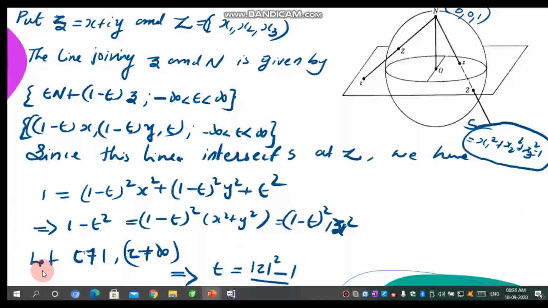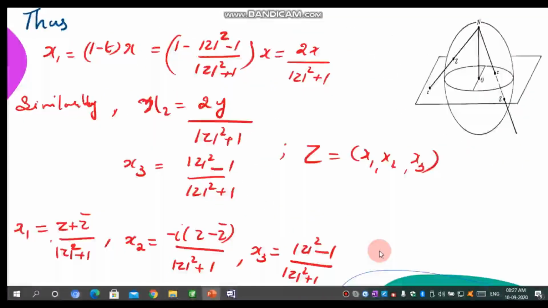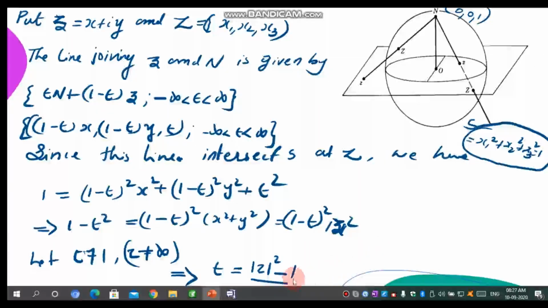Therefore, whenever z is not equal to infinity and t is not equal to 1, we can cancel those terms and get t equal to (mod z square minus 1) divided by (mod z square plus 1).